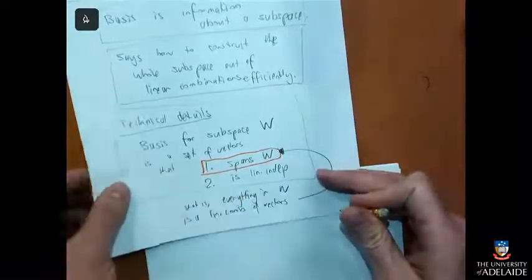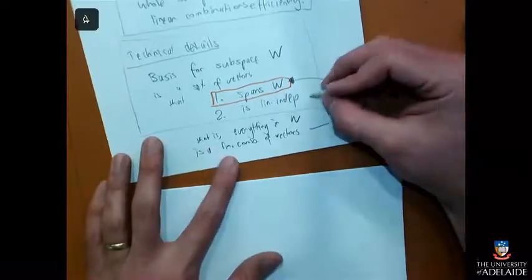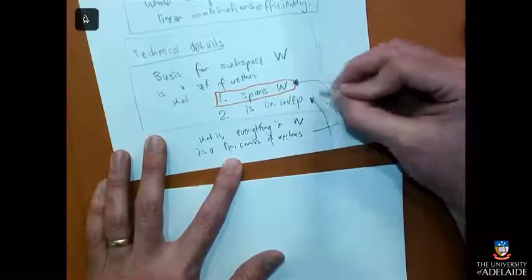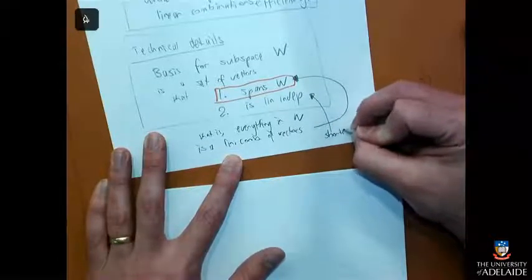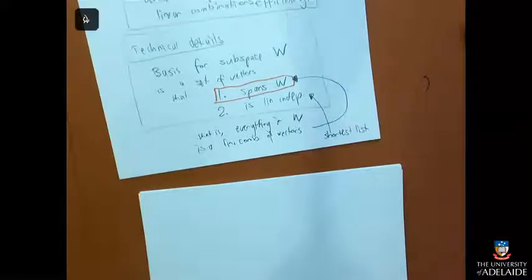The linear independence guarantees that I haven't got any extra ones that I don't really need to be there. That guarantees I have the shortest list. There will be many, many shortest lists, and some of them may be better than others, but we'll get to that in a second.